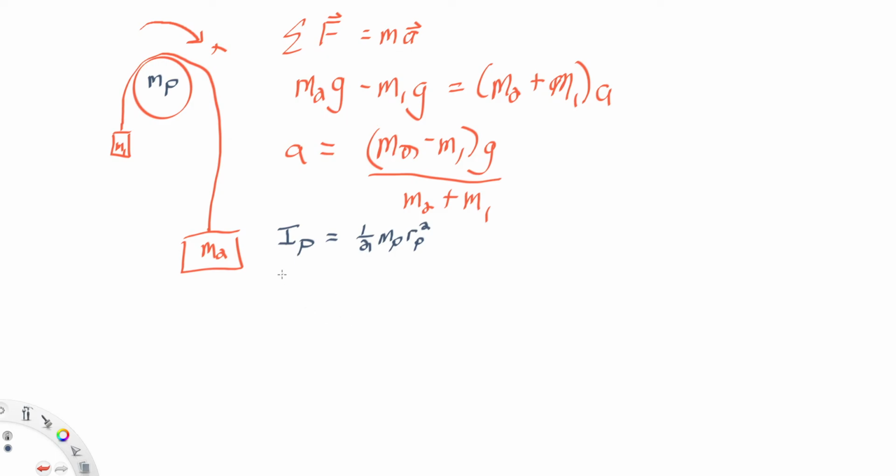And then we were able to say that the torque on the pulley was caused by the tension in the rope. Right? The tension acts perpendicularly to the pulley, so all of its force counts.